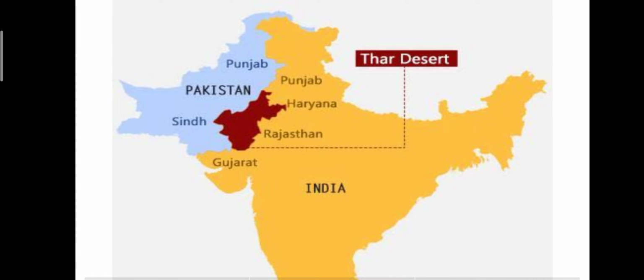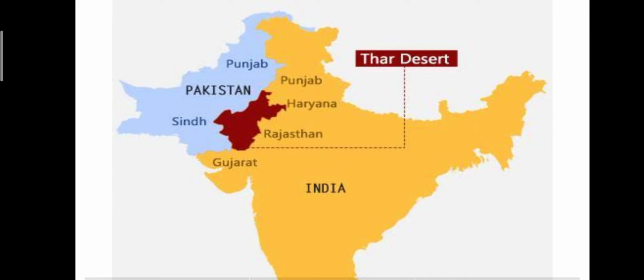So this is the total extent or location of the Thar Desert. So this desert covers some part of Punjab, Haryana, Rajasthan as well as Gujarat.